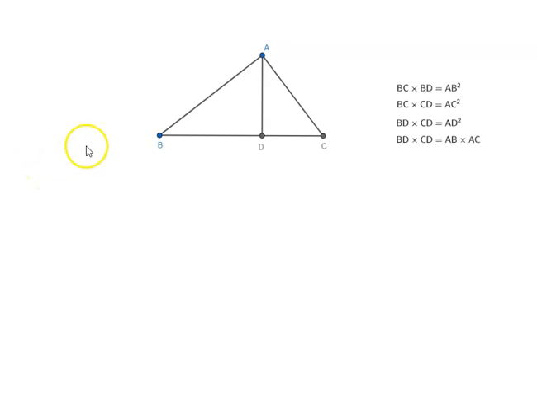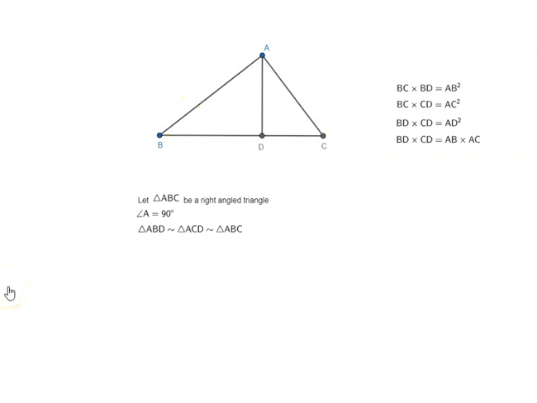So first thing is, we are given a triangle ABC, which is a right angle triangle, right at A, and triangle ABD is similar to triangle ACD, and both of them are similar to the triangle ABC.